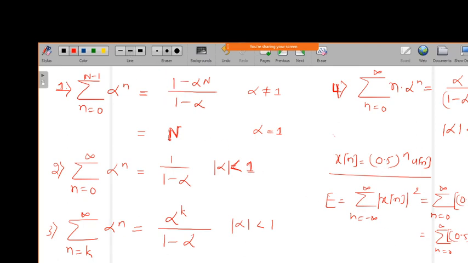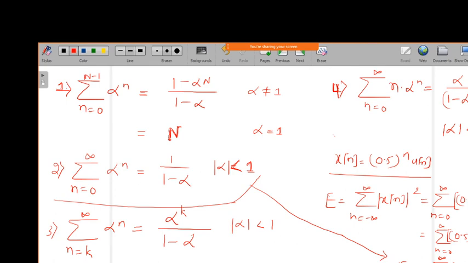So we can write this as the summation n equal to 0 to infinity of 0.25 whole power n. Now if you compare this with the earlier equation, since alpha is less than 1 and it varies from n equal to 0 to infinity of alpha power n, alpha here is 0.25.